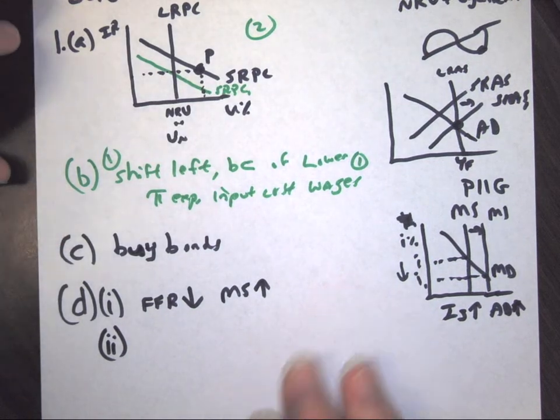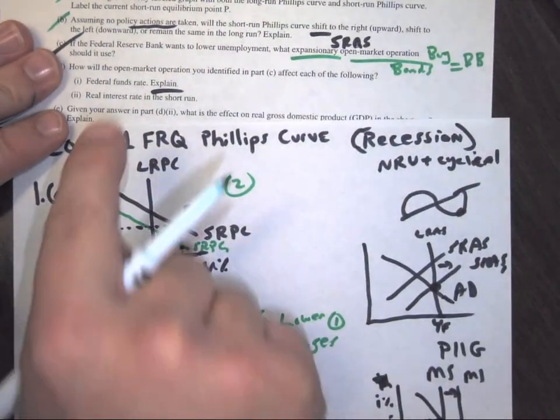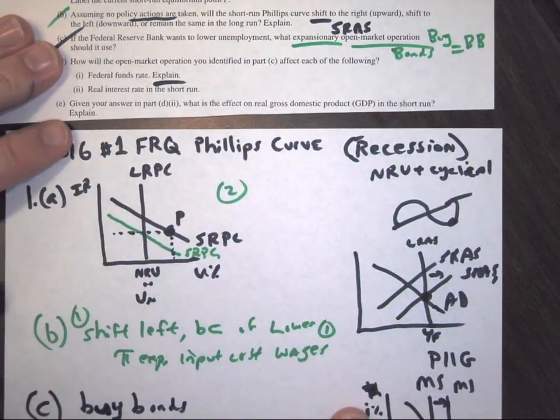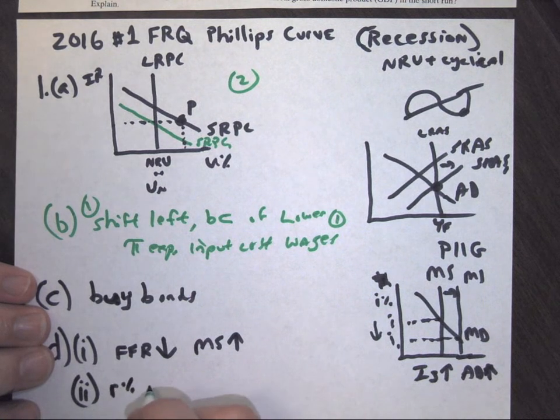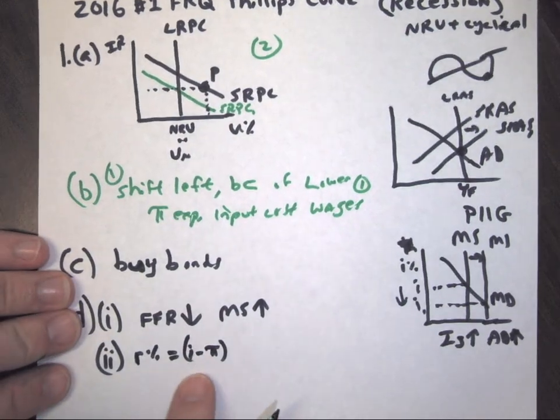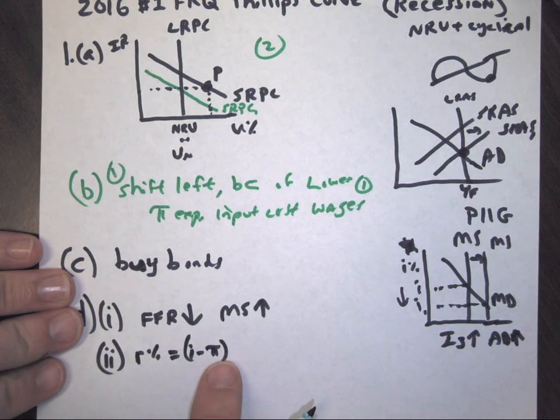Now, next thing they're asking about: what is going to happen to the real interest rate in the short run? Remember the real interest rate is equal to i minus pi. So I know if the nominal rate is going to decrease, then the real interest rate is going to decrease, because the inflation rate remained the same.